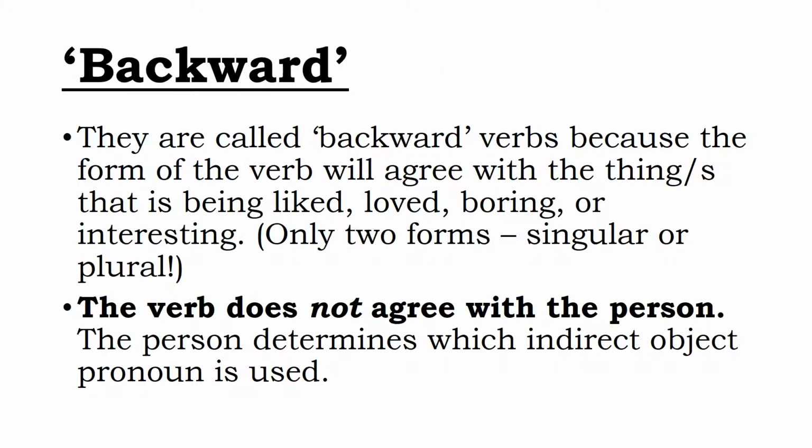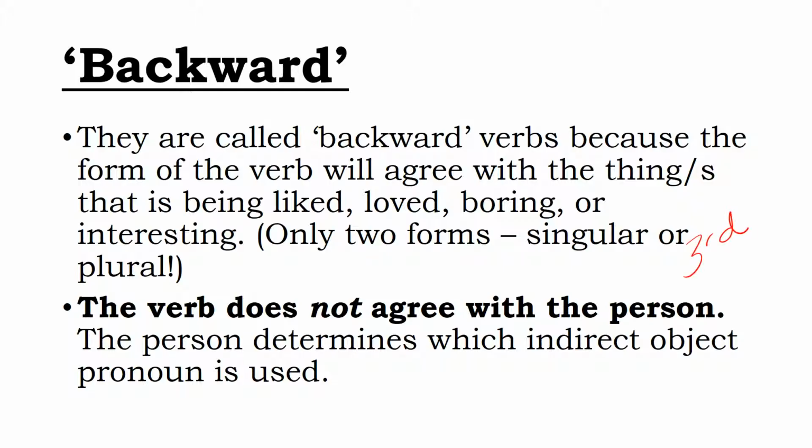So the reason that these are called backward verbs is because the form of the verb is going to agree not with the person who is doing the action, but with the thing or things that are being liked, loved, boring, or interesting, etc. So we're only going to have two forms of the verb, singular and plural, both in the third person.